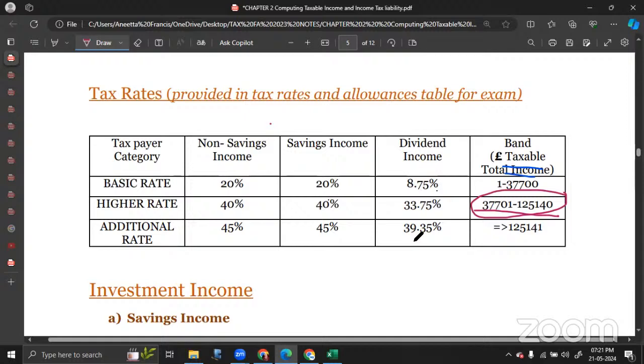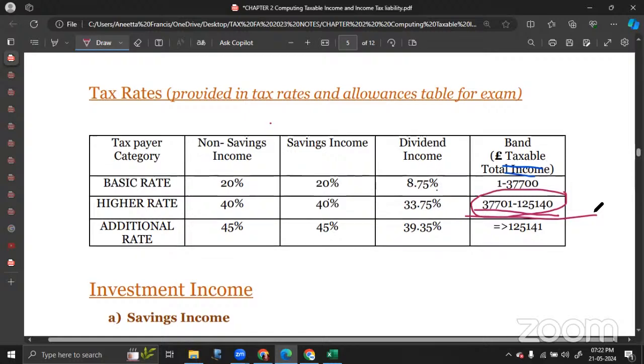That means, let's say you are an additional rate taxpayer, still from £1 to 37,700 of your taxable income will be taxed at the basic rate. Then from 37,701 to 125,140, it will be taxed at higher rate, and anything above that will be taxed at additional rate. So students who are doing the receipt, please keep in mind, this is your number 1 change in the syllabus. Your higher bandwidth has changed.